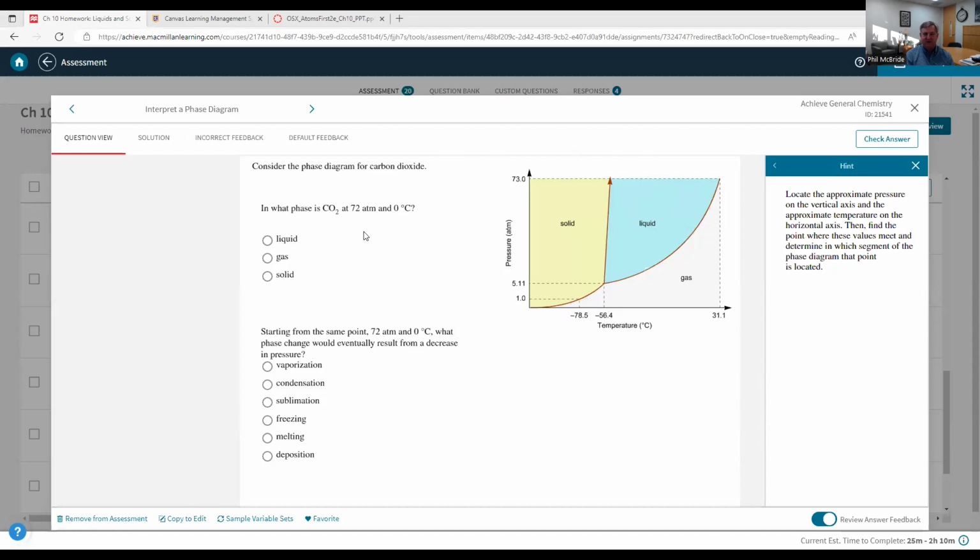Solid, liquid, or gas? 72 atmospheres, 0 degrees Celsius. So you have to find those points on your graph.